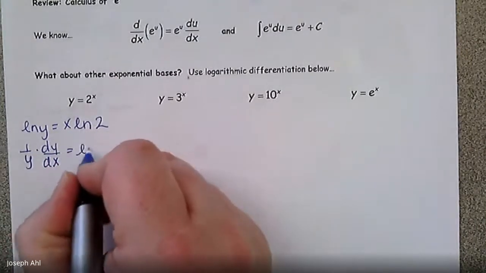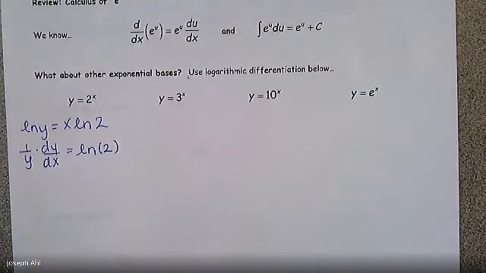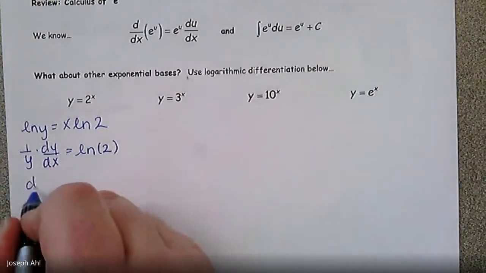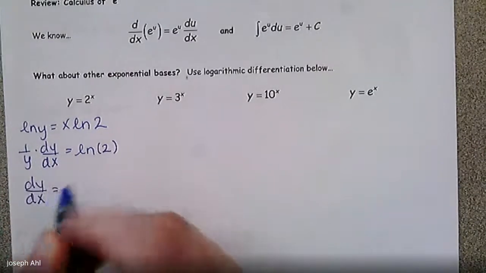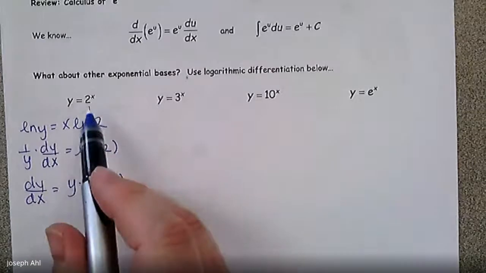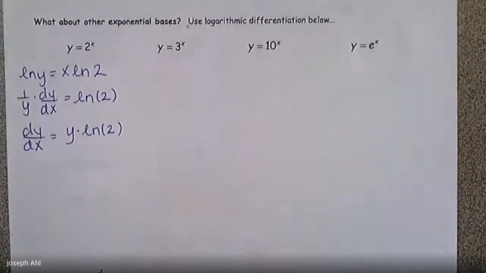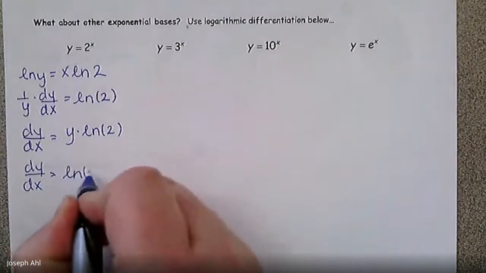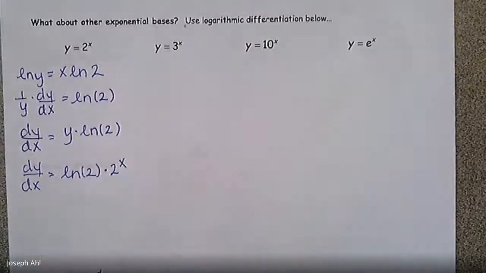So that's just going to be ln 2 when I take the derivative of the right. So then if I take the y and multiply it over, I get dy dx equals y times the ln of 2. And oh yeah, y is really 2 to the x. So we get dy dx to be the ln of 2 times 2 to the x.